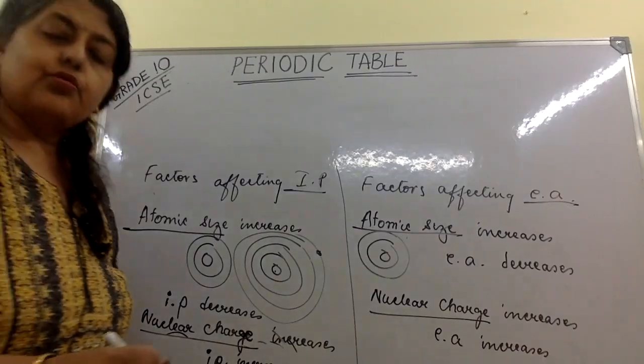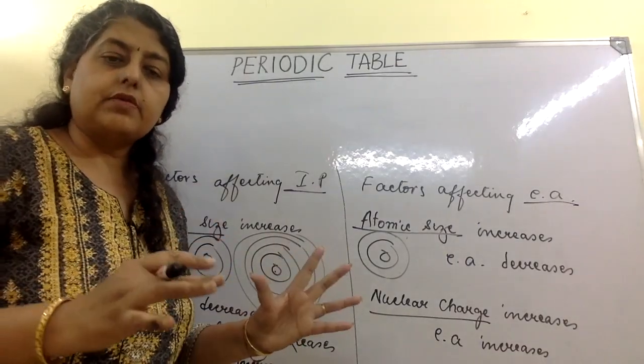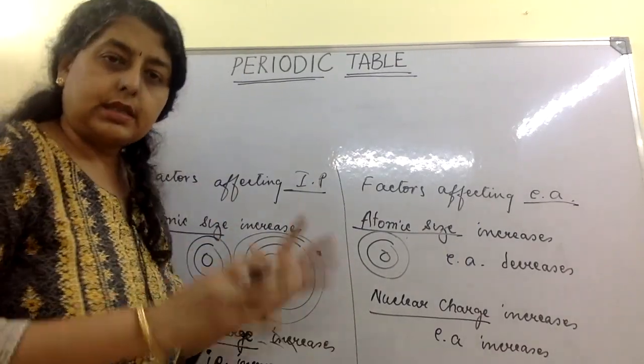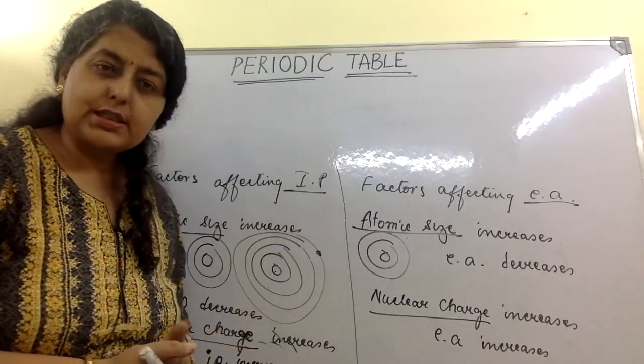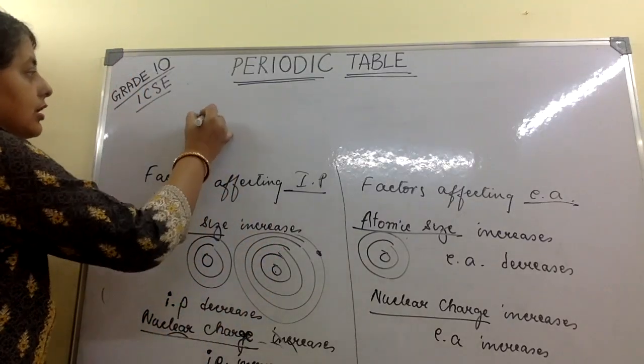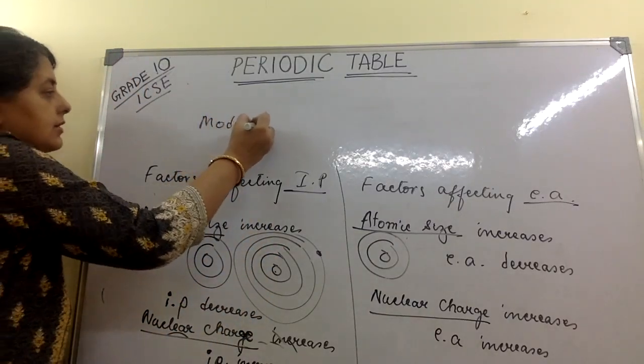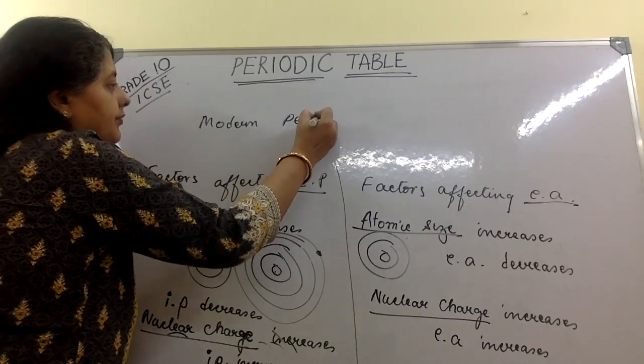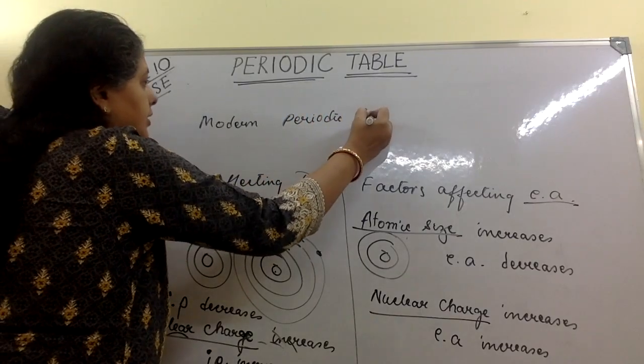Now, what else? Generally, my videos cover everything that is required for you. But what else do you need to study? You just need to know the modern periodic law. Please learn up the periodic law.